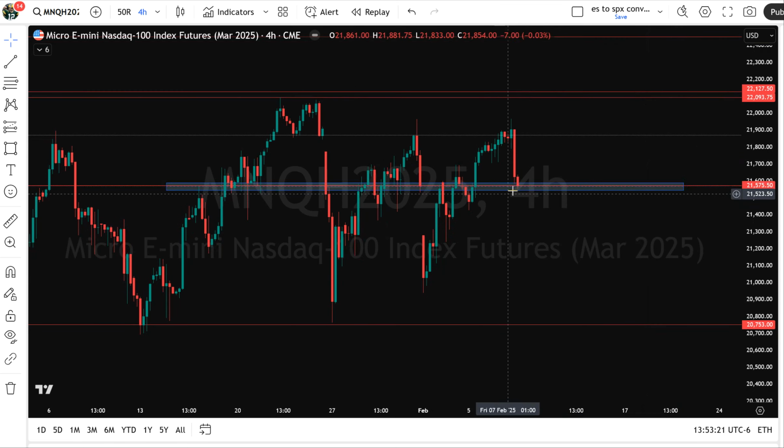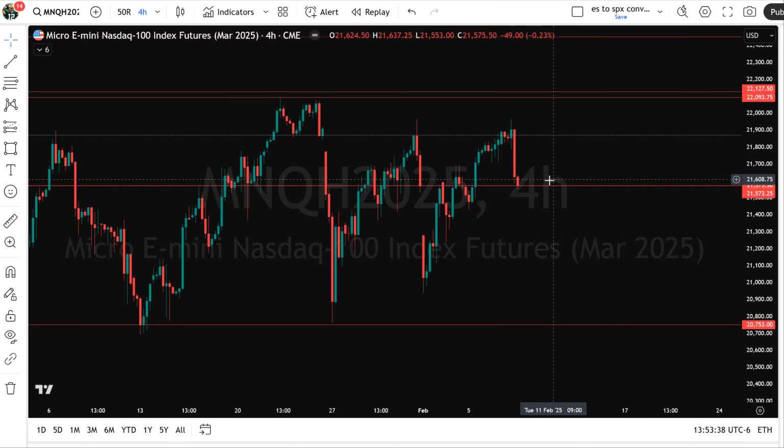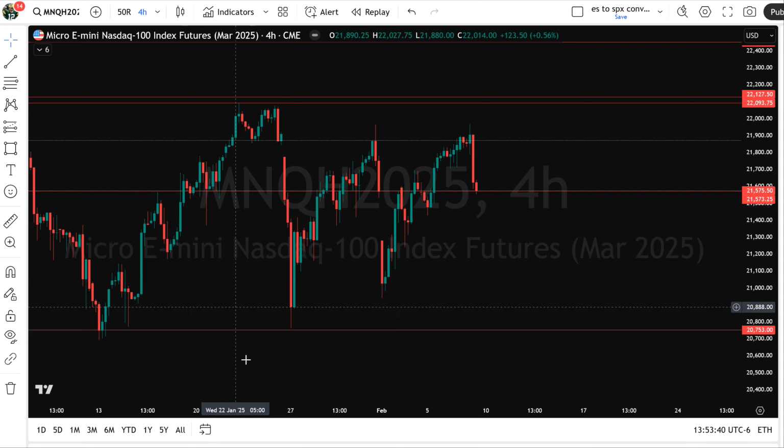So what we're saying is, that level seems to be the actual area it reacts at, but in reality, we're going to want to watch as it approaches there what's going to happen. Is it going to reject, or is it going to continue upward? But not necessarily that specific line, okay? So that's the 4 hour.